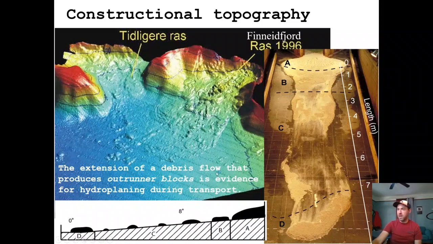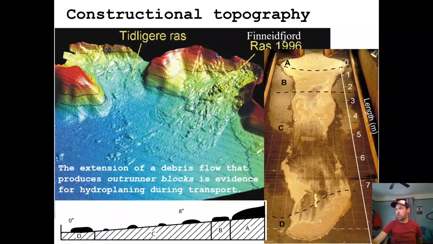There's chunks that make it way further out than the rest of the flow. And this is a really cool feature that occurs in debris flow deposits, which is that there is hydroplaning that occurs. So as a flow cruises along the bottom of the seafloor, a block can hydroplane on top of the surrounding water, and it can make it out tens to hundreds of kilometers further even.